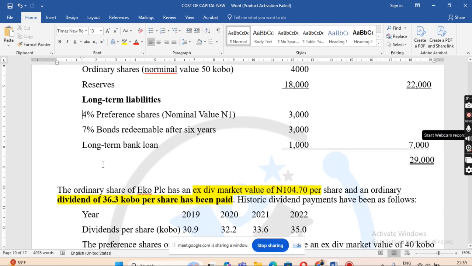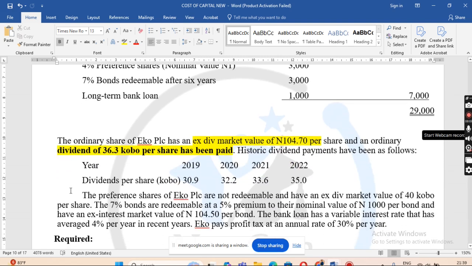Don't forget that they mention that preference shares are not redeemable and have a market value. Please take note that the market value of the preference share is 40 kobo.